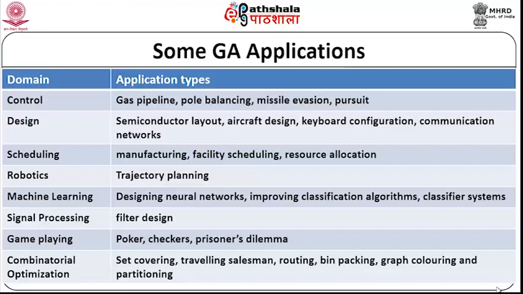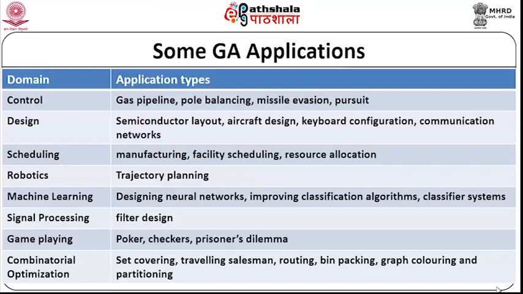You also have other applications like signal processing, for example filter design, which is again a design problem. Then you have classifier problems and the prisoner's dilemma in game playing. You also have other typical problems like the traveling salesman, graph coloring and partitioning problems; all these have been tried out with the GA approach.